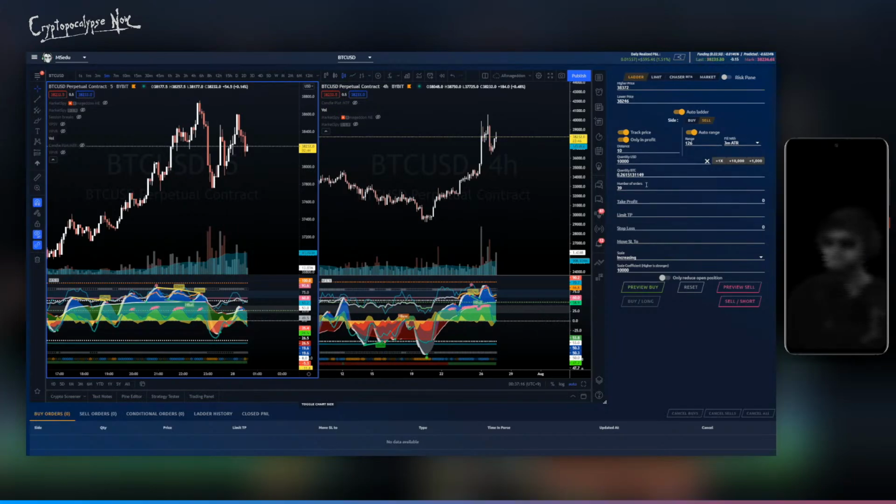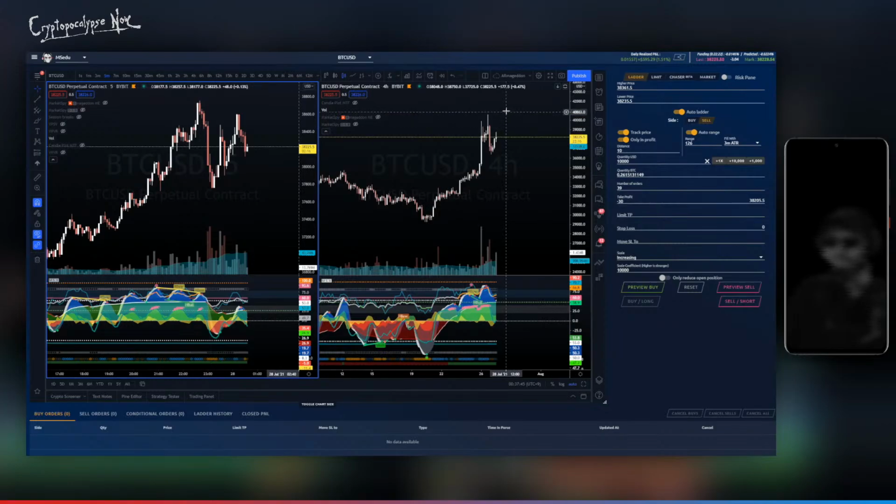Now if you have a short, you want to take profit. And here's the cool thing. With these smart fields over here, since you're shorting, that'll be a minus. You go minus, and check it out. You can type, let's say, 30, and it gives you the price for where it's going to take profit.